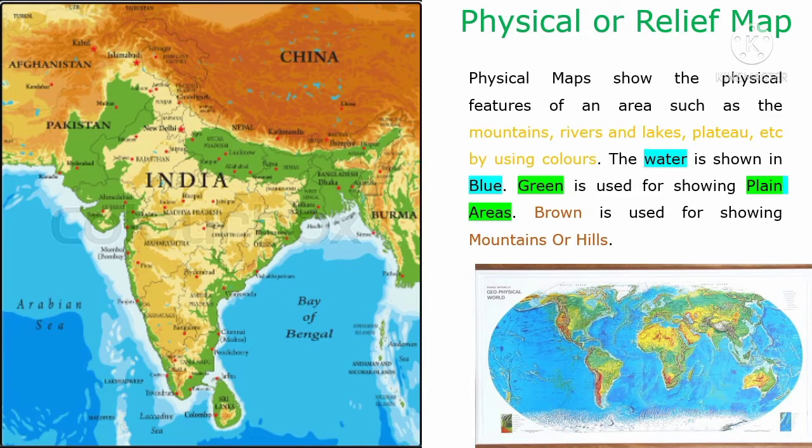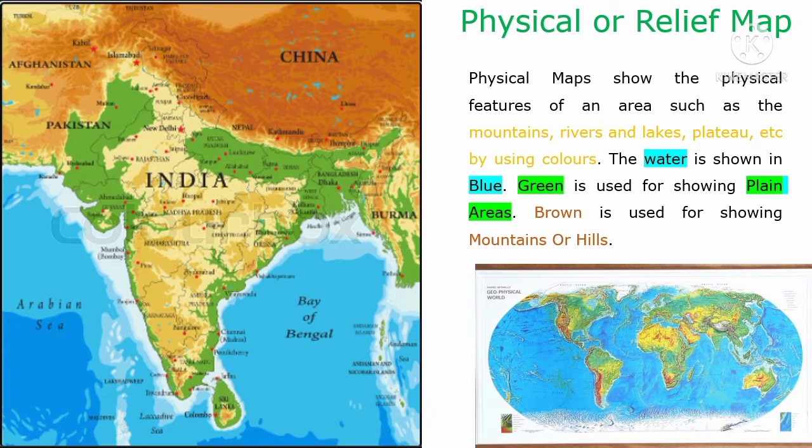So the landforms are just like rivers, mountains, forests, plateaus, all those, but by using colors. The name itself indicates that it is showing the visible features of the earth with a naked eye. Examples are mountains, rivers, lakes and plateaus.